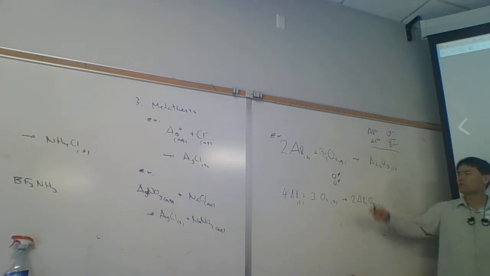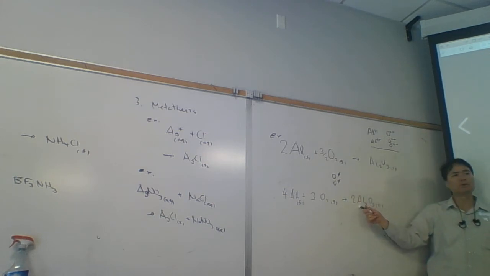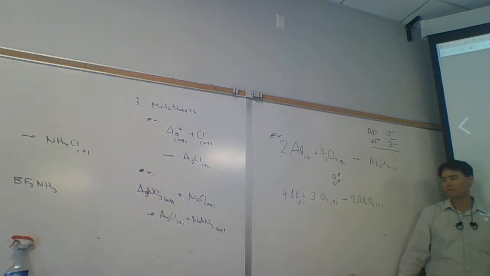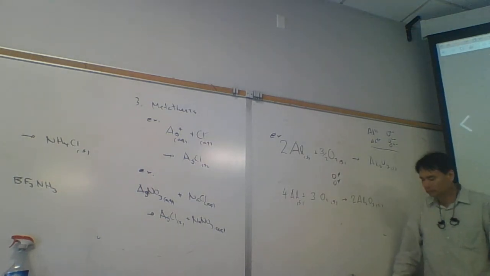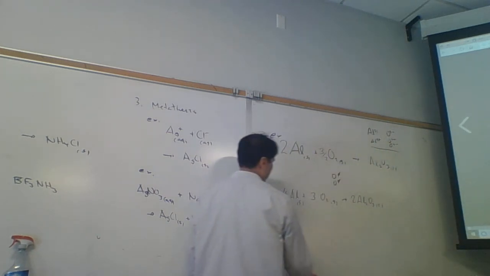So sometimes what we want is we want to form per mole. Sometimes we want to form per 2 moles. You know, how much does it take to form a mole? Well, in order to form 2 moles, we've got to double everything. And so either of these equations is okay.